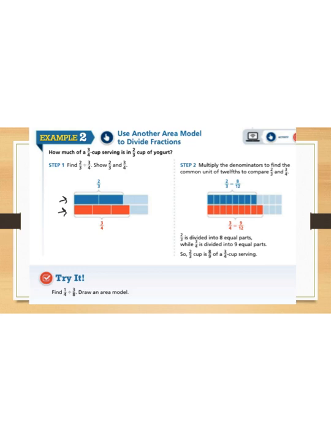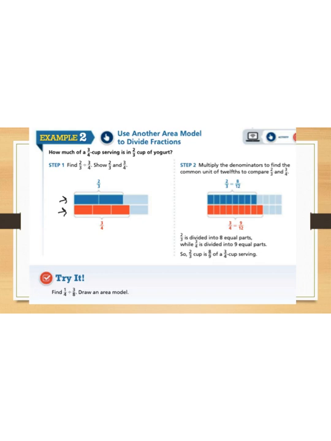Step 2, multiply the denominators to find the common unit of 12ths to compare. So in this particular model, they are using a common denominator to compare. 2/3 is divided into 8 equal parts, while 3/4 is divided into 9 equal parts. So 2/3 of a cup is 8/9 of 3/4 of a cup.